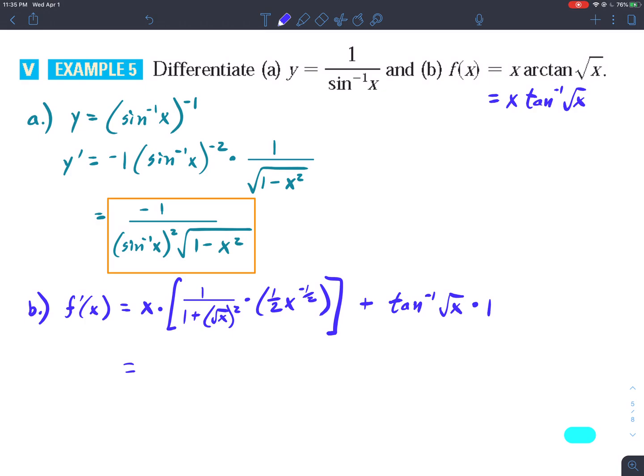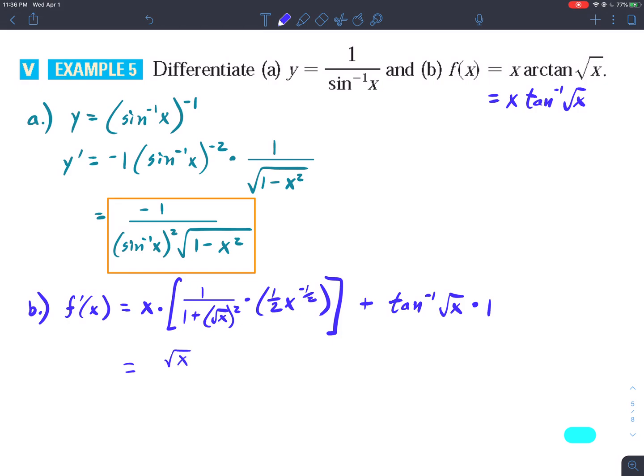Here's what I'll do. I'm going to take this 1/2 and move this 2 into the denominator. Notice that this square root of x squared is just going to be x, but this 2 is going to come into the denominator, and I could multiply it if I wanted to. But then I'm going to say that this x times this x to the negative 1/2, since they're both in the numerator, when I multiply those and add the powers, I get x to the positive 1/2, or the square root of x.